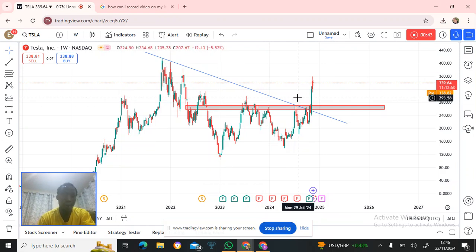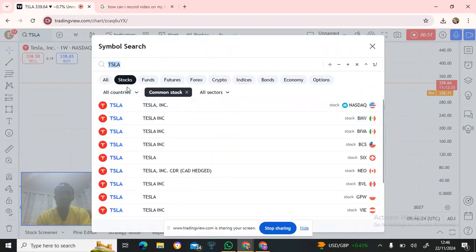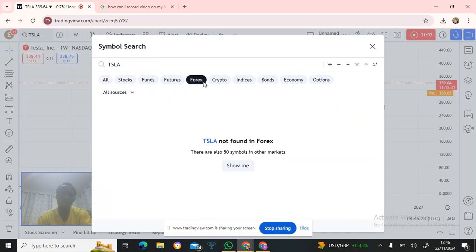Trading is not gambling. Now, first thing first, financial market is wide. Financial market imebeba the forex market, the crypto, the commodities, the bonds, the stocks. You can see over here, tuko na stocks, tuko na funds, futures, we have the forex. That's where we have the forex pairs.